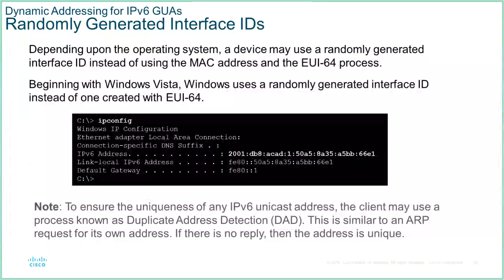But we can do a random generation from Vista onwards. So basically, most of the machines that we will come across in today's environment can randomly generate their own interface ID, even if they're not using the EUI-64 method.